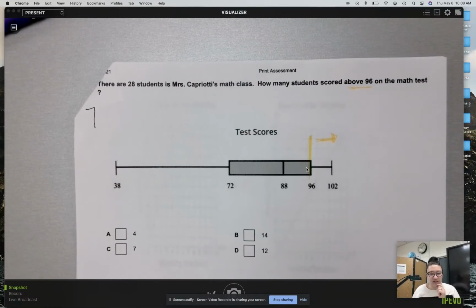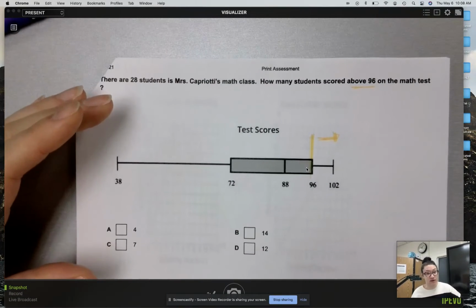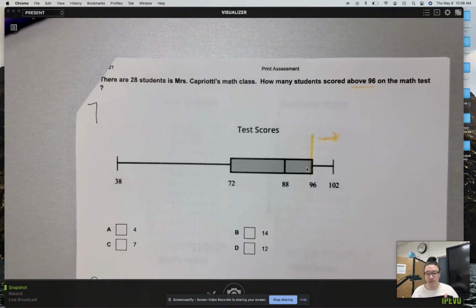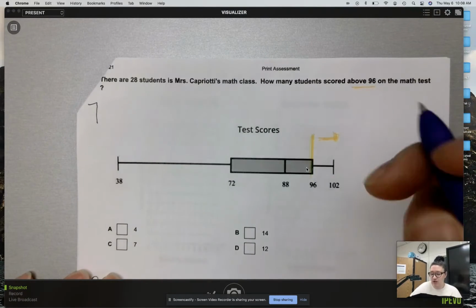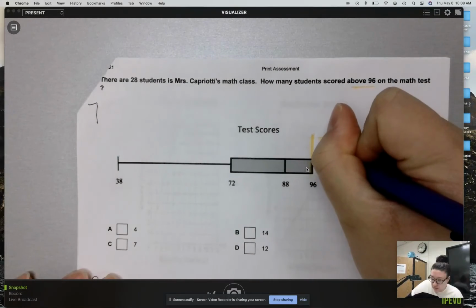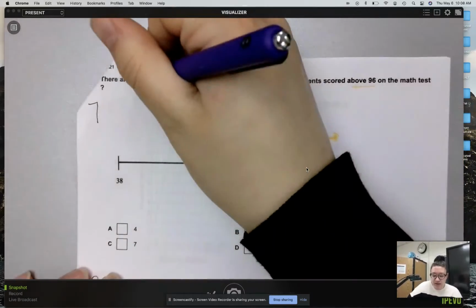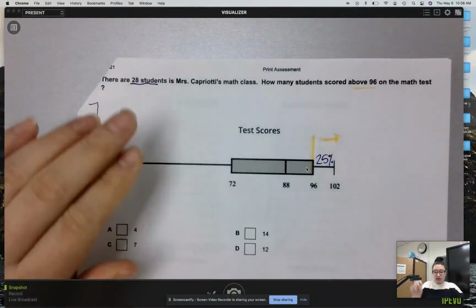A few different ways to solve this. When I went over this with my classes, every single conversation we had about how to solve this went differently, because there are so many different ways to solve it. One way, again, we know each section has what percent? 25% of the data. So I would need to think, what is 25% of 28?